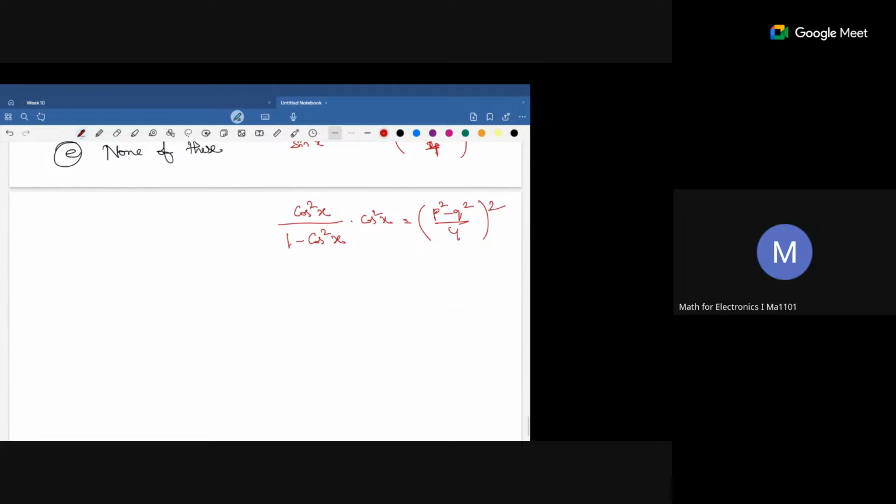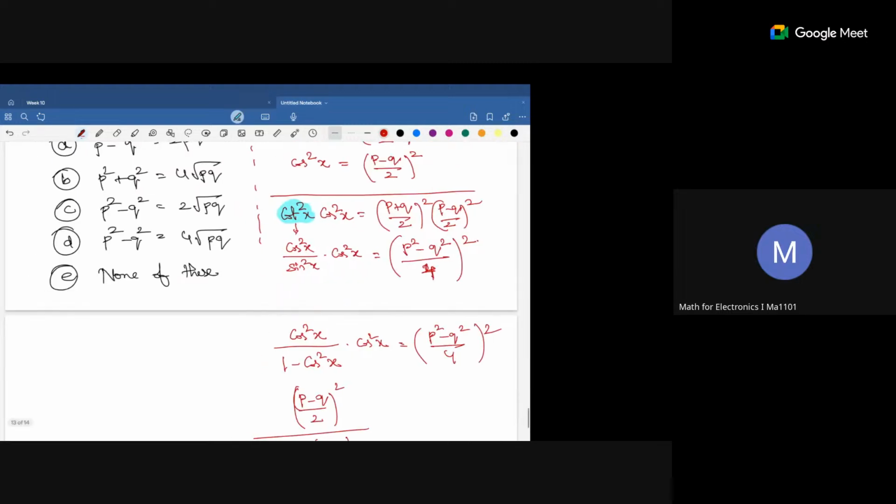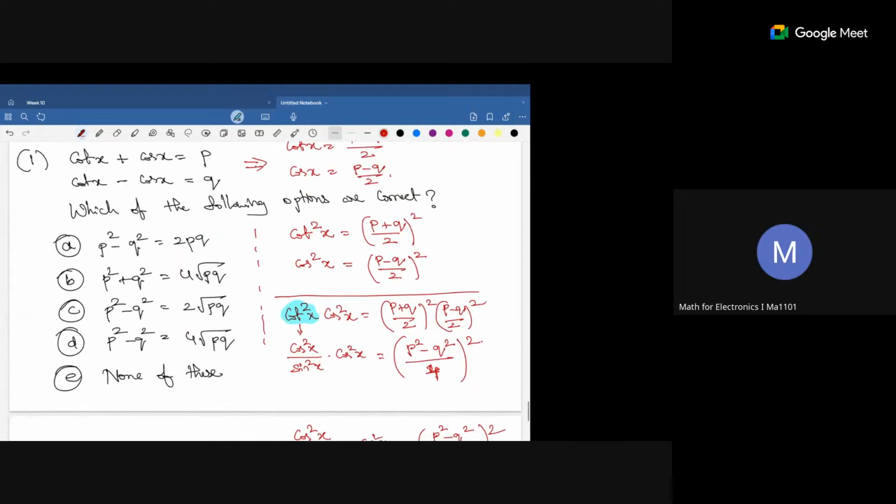Now cos square x I know, which is ((p minus q) by 2) whole square, divided by 1 minus ((p minus q) by 2) square.